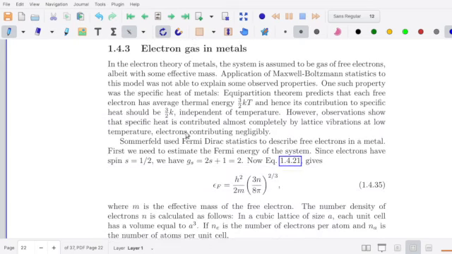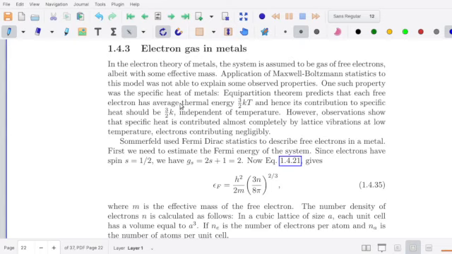We now apply this theory to the electron gas in metals. If we consider the free electrons in a metal as a classical ideal gas and do the computation, then we will immediately run into some inconsistencies with the experimental result.